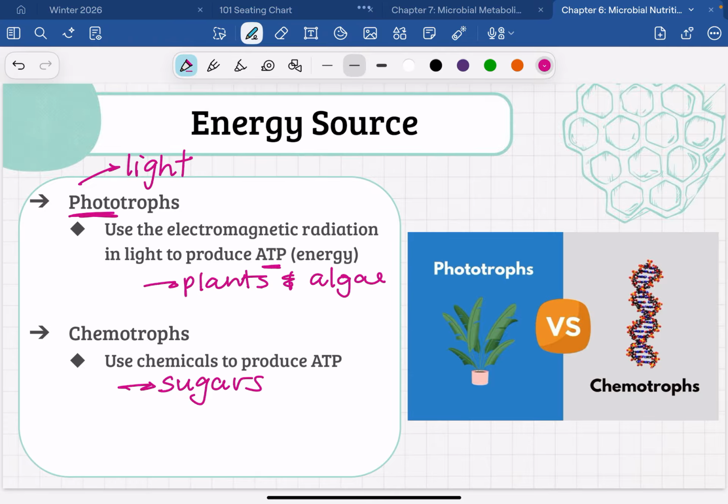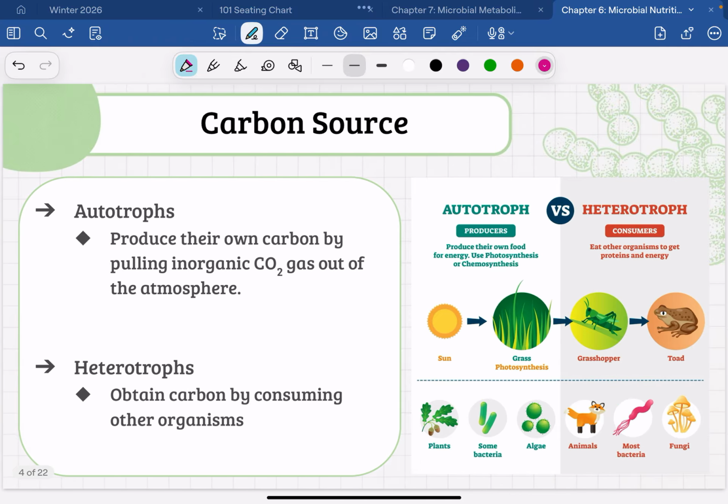Okay? Now the second thing is a source of carbon, where that organism gets its carbon from. Now again, with the prefixes, if you look at the prefixes of these words, autotrophs and heterotrophs, auto as a prefix means self.